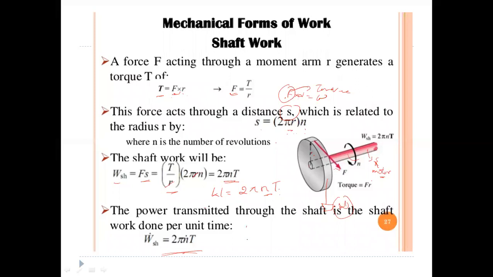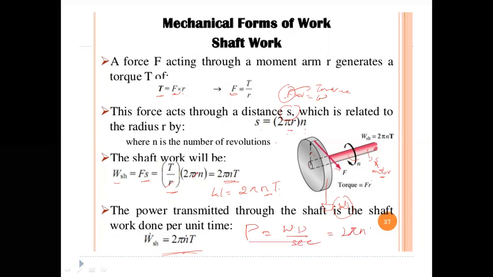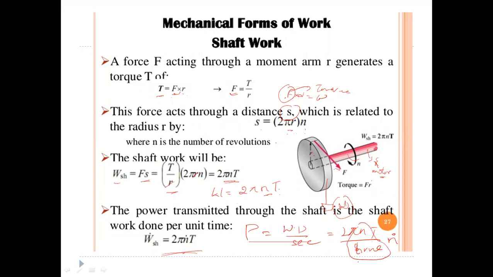If you want to calculate the power, power is given by work done per second. Work done means 2 pi N T, per time, per second. So this N by time can be written as N dot, which becomes 2 pi N dot into T. So the shaft work is given by the formula 2 pi N T, where N is the number of revolutions and T is the torque.